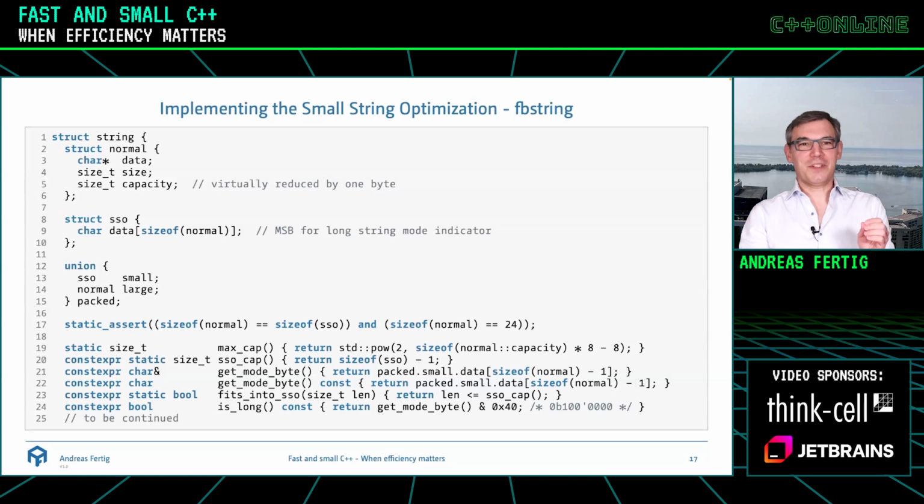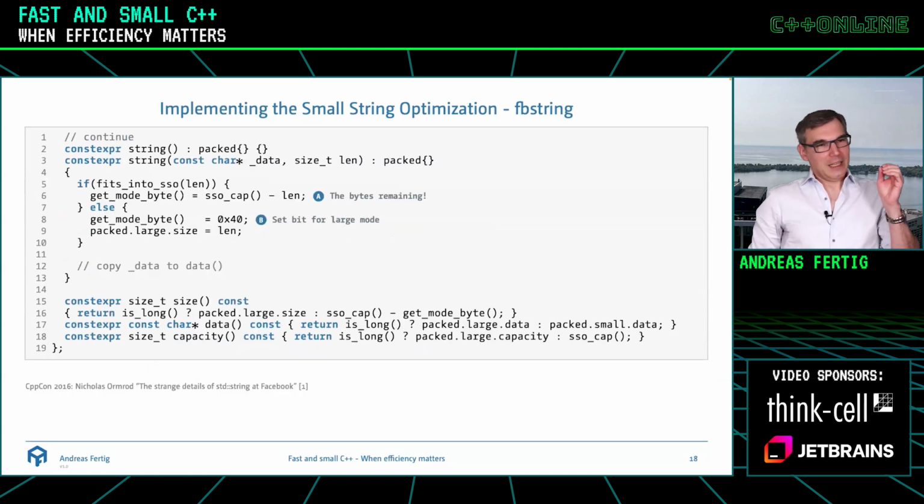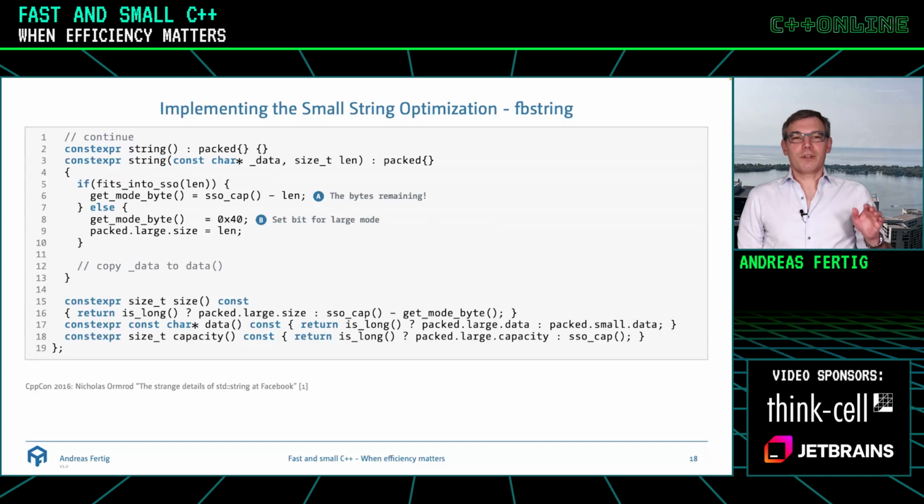All right, now we have this mode byte. And how is that used? As in all other implementations, default construction constructs a small string. Everything else would be insensible. My const char* and size_t version also starts by constructing a small string, but then they check whether it fits into SSO.